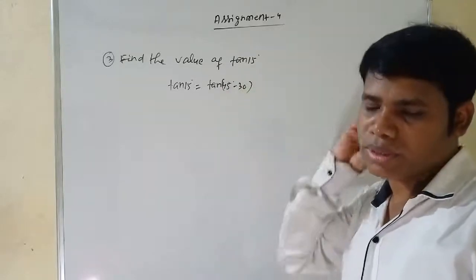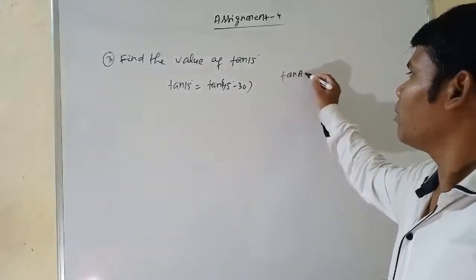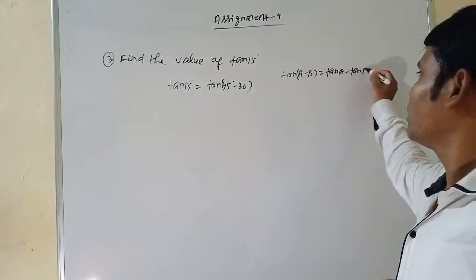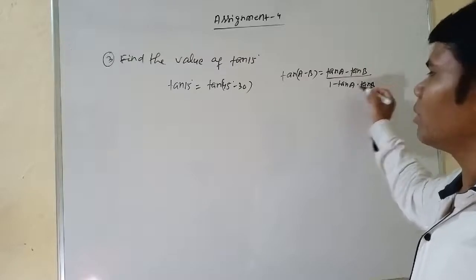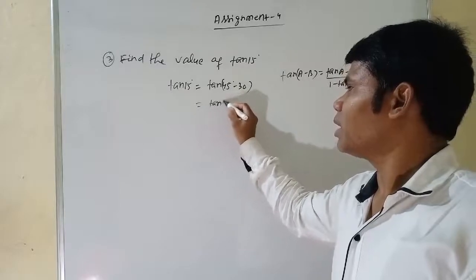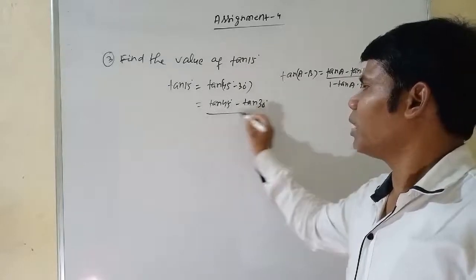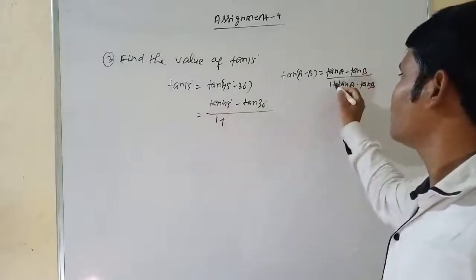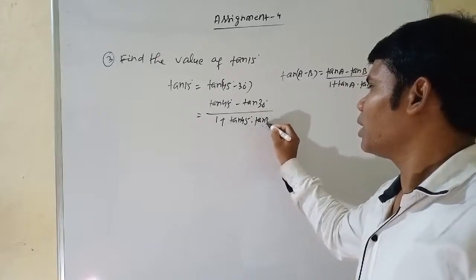You know the formula: tan A minus B is equal to tan A minus tan B divided by 1 plus tan A into tan B. You use this formula here, that is tan 45 degree minus tan 30 degree divided by 1 plus tan 45 degree into tan 30 degree.